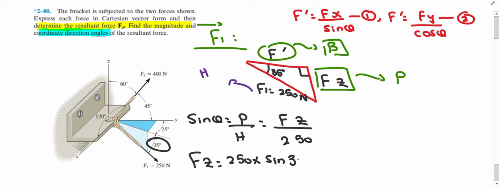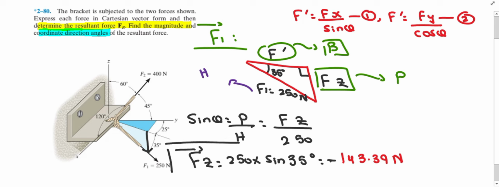So this one becomes sine 35 degrees. So grab the calculator, put the values into it, and solve it for the value of Fz. So this one becomes 143.39 newton. But what about its direction? We already see that the direction of Fz is acting vertically downward. So that's why it will become negative 143.39 newton. Okay, so this is all about the Fz.